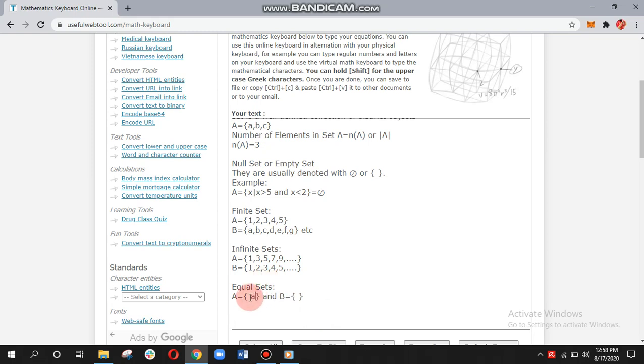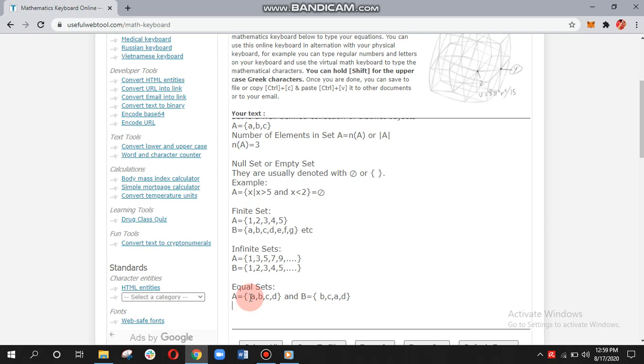We have A, B, C and D in set A, and we have B, C, A and D. Since they have the same elements, we are not checking the correspondence. We are just checking that set A includes those elements which are also in set B.